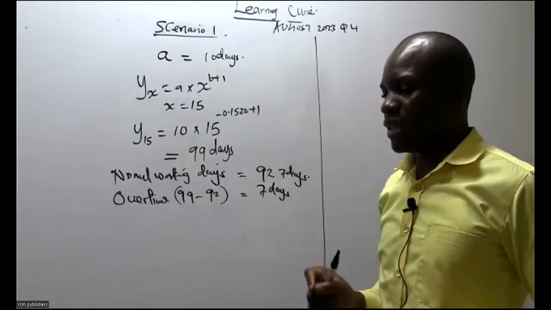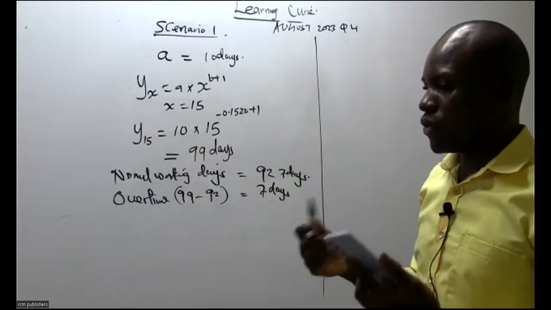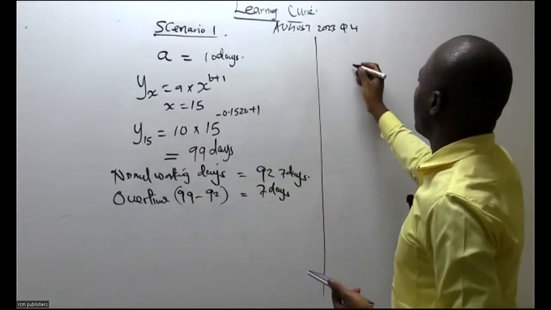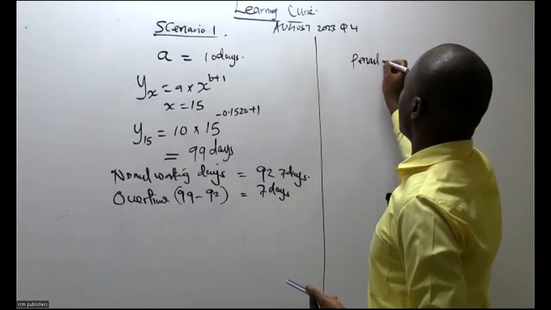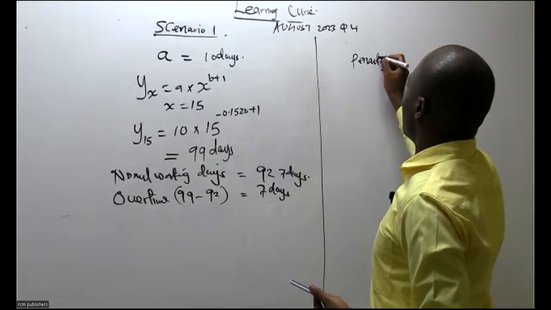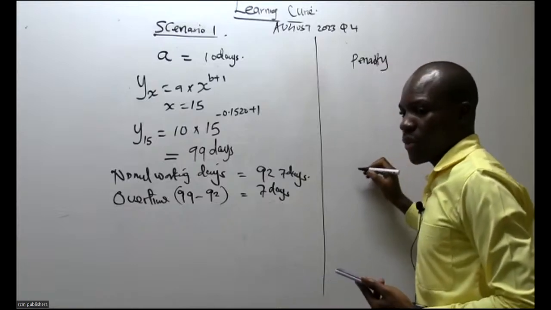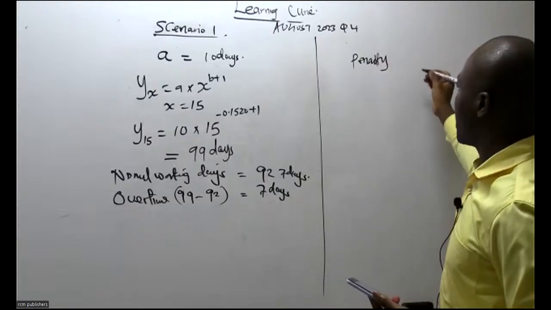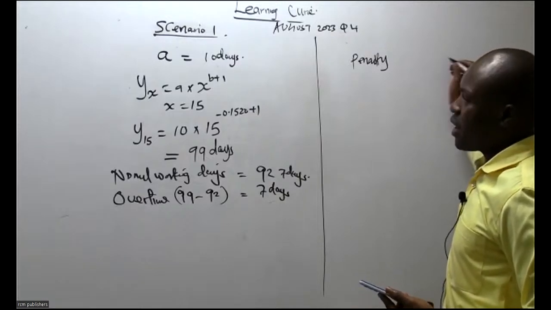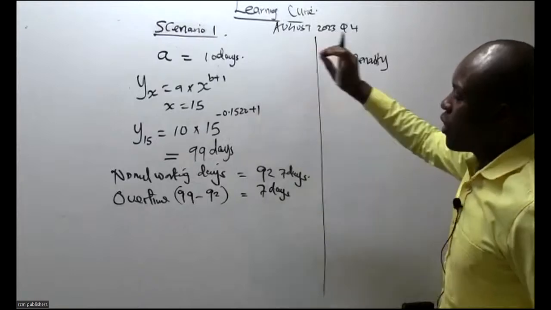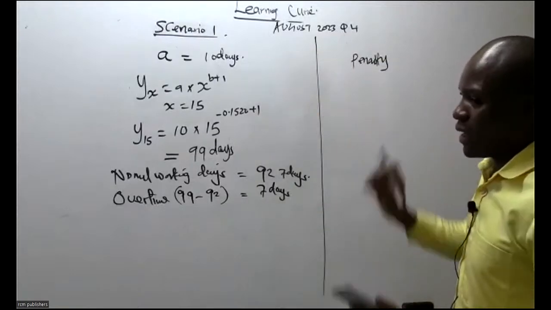So what will be the penalty? The cost of producing these buses. Are we able to see the penalty? The penalty is per bus. Under this scenario, you are only penalized if you deliver late.